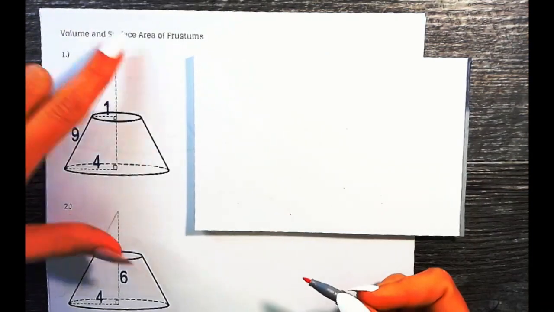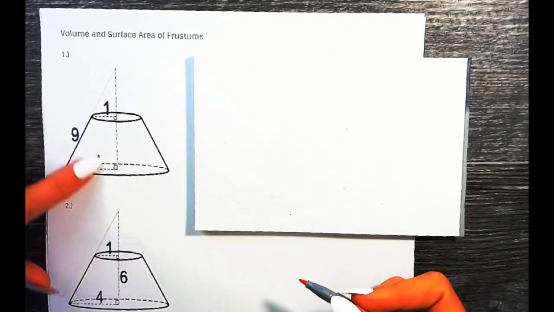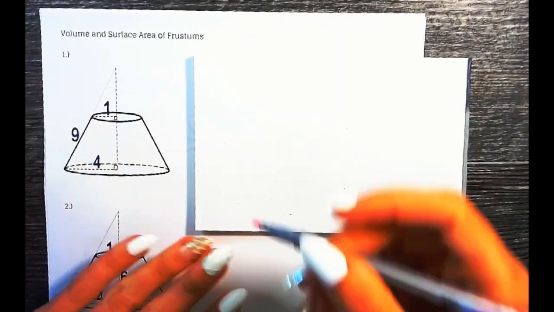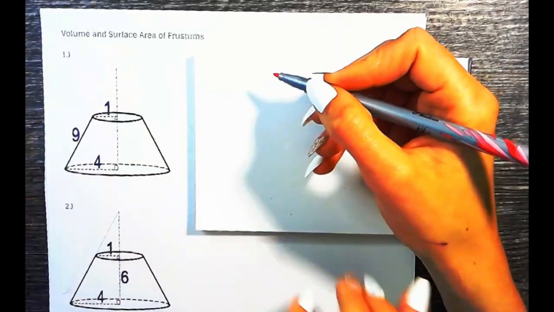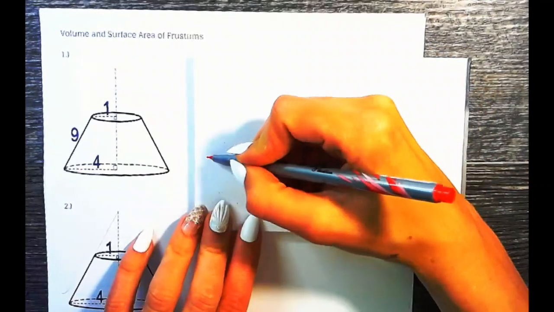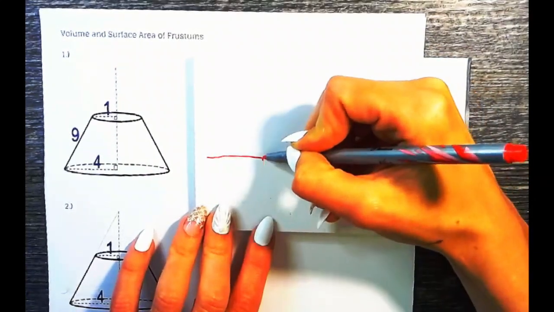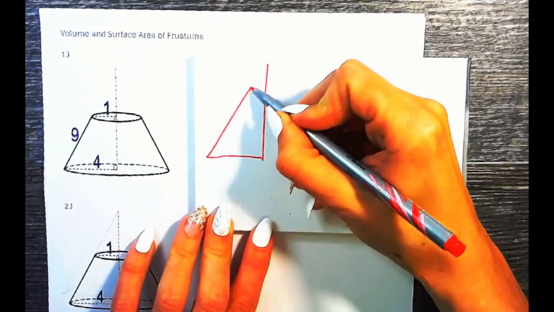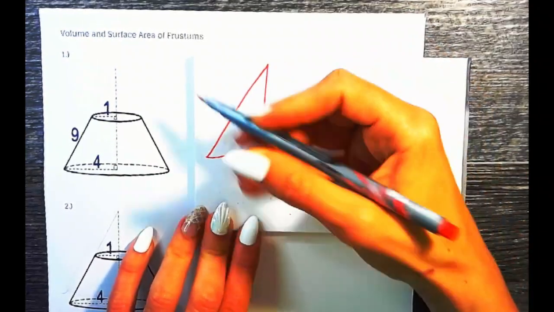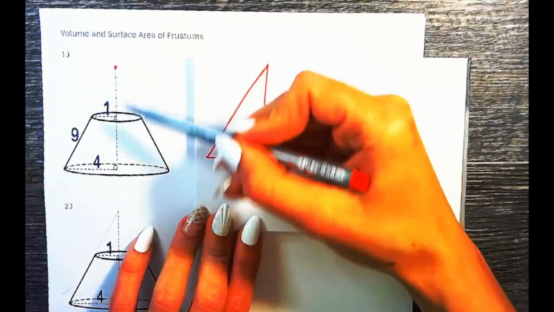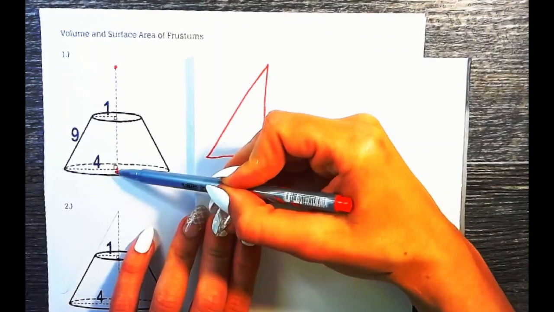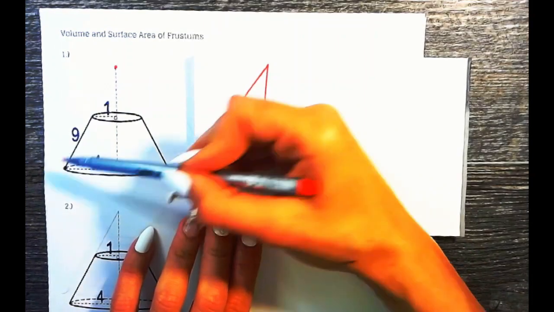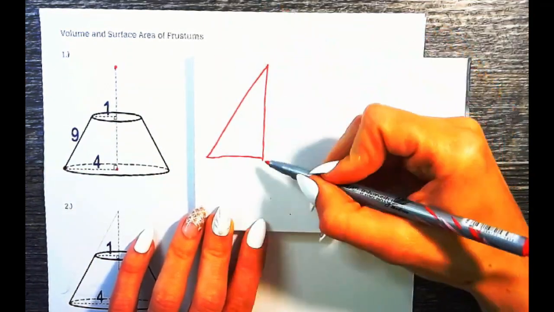So in this picture, like I mentioned, we have a few pieces of information labeled for us, but not everything. Something that's a really big takeaway is that this triangle in red right here represents from the apex down to the center of the bigger base and then out to the circumference of that larger base.